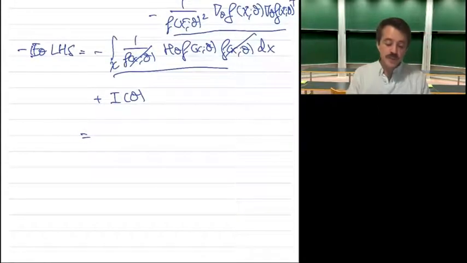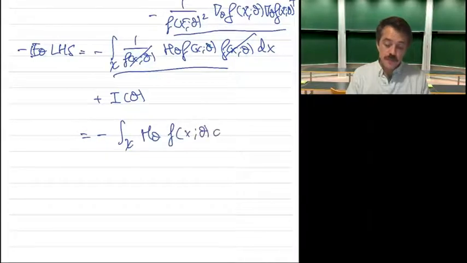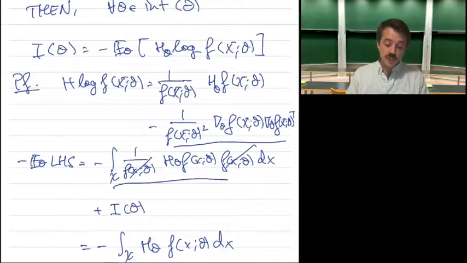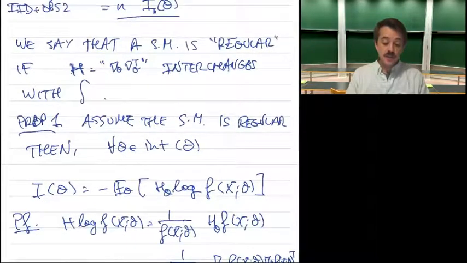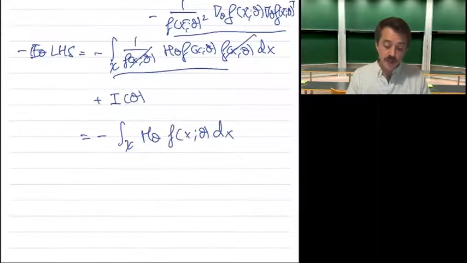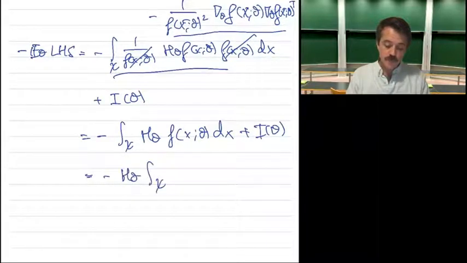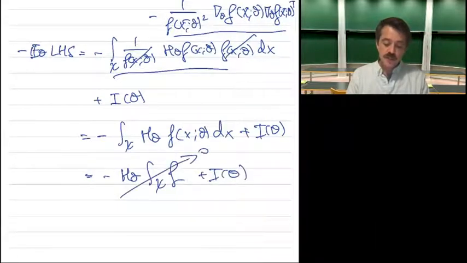What we get is minus the integral over the sample space of the Hessian with respect to theta of the PMF or PDF, dx. Now we can apply the assumption that we can swap the Hessian with the integral, which just means the model is regular. By the way, we're missing this term here. So what we get is this plus I(theta), and the first term will be 0 because the integral of f is always 1.